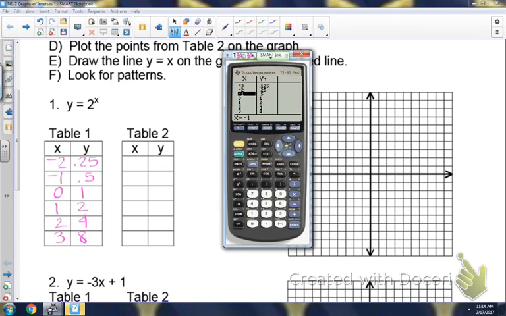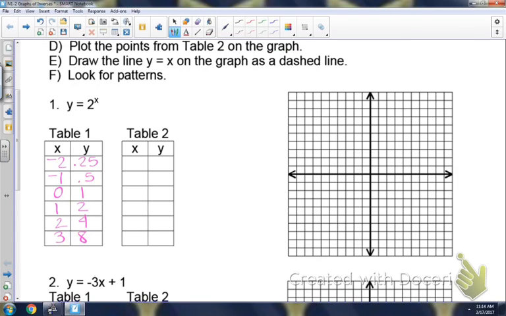So let's go ahead and plot those points. Make sure that when you connect your points that it's not touching the x-axis nor going below it. Alright, so we did that part of it.